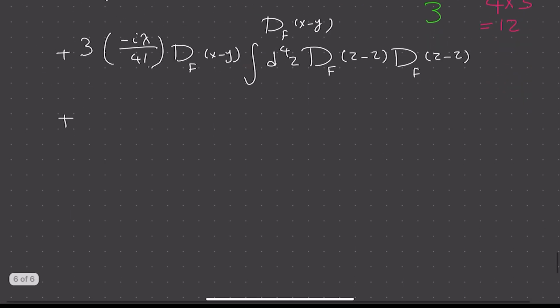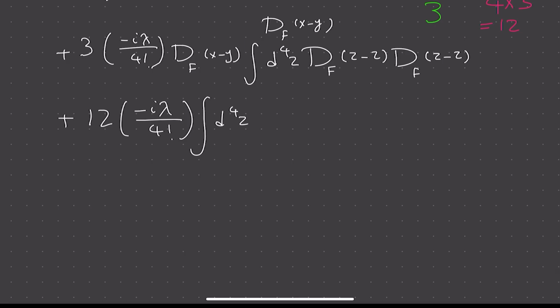So you're going to have 12 of minus I lambda over 4 factorial integral d4z. Now you have DF of x minus z, DF of y minus z, and DF of z minus z.